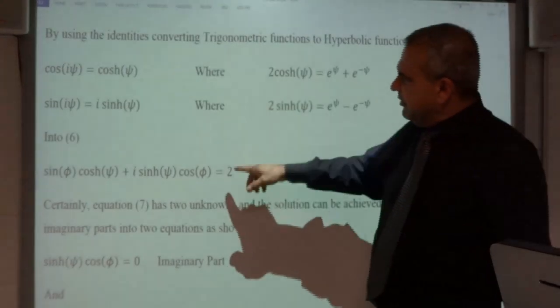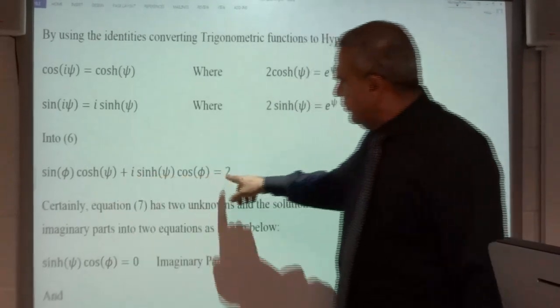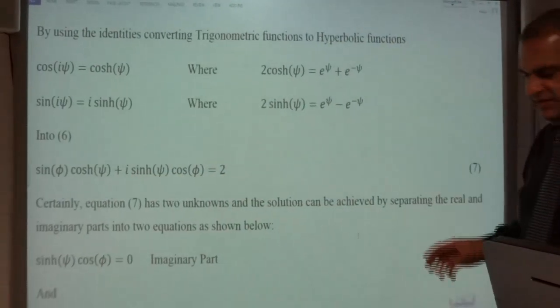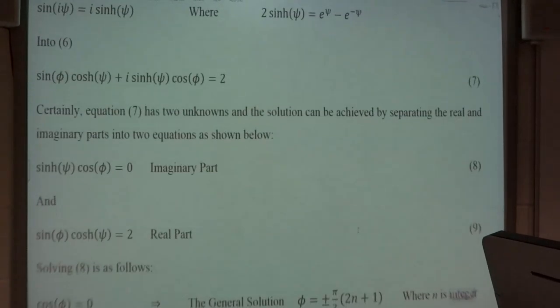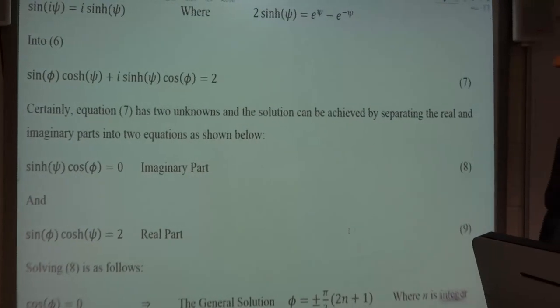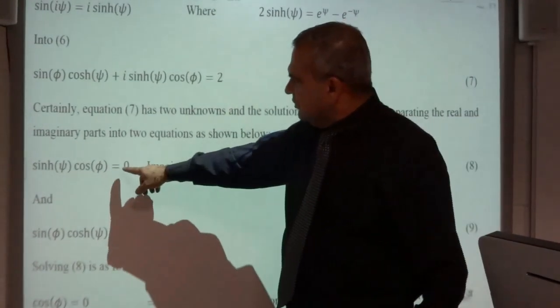From the above equation, you notice that the real part is going to be equal to 2, because the right hand side of equation 6 has only 2, and the imaginary component on the left hand side is equal to 0.